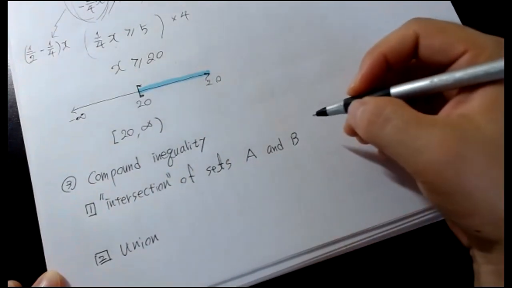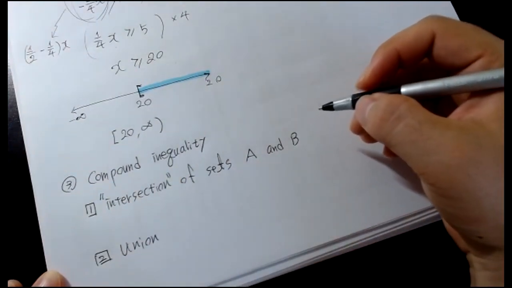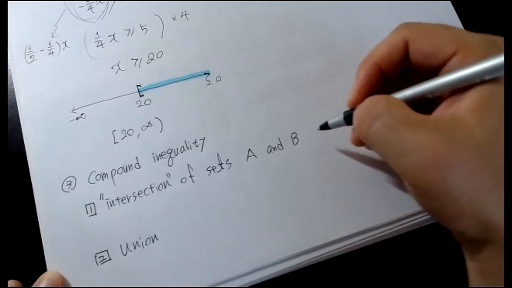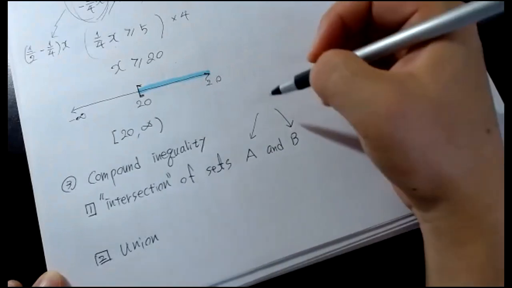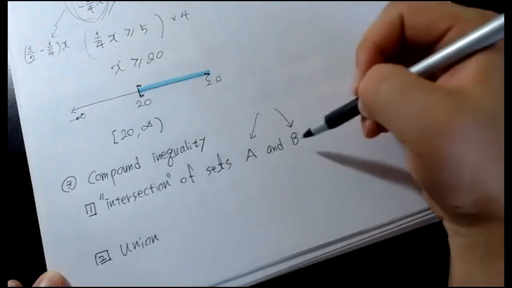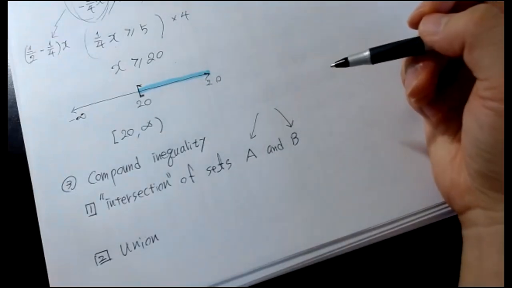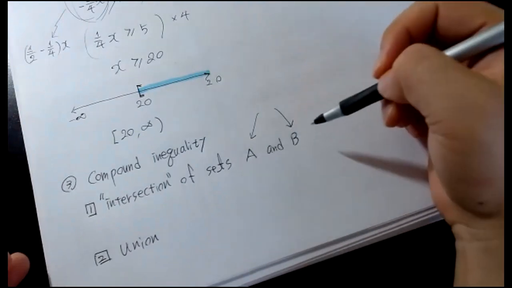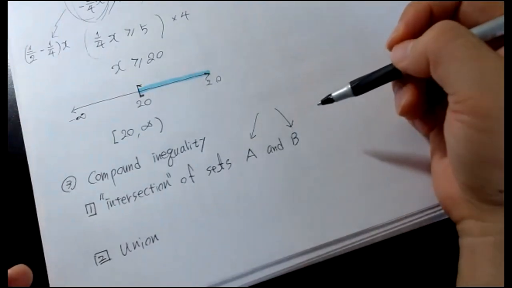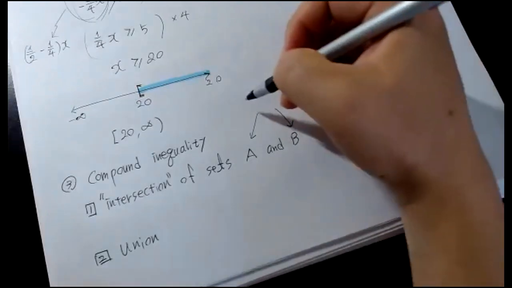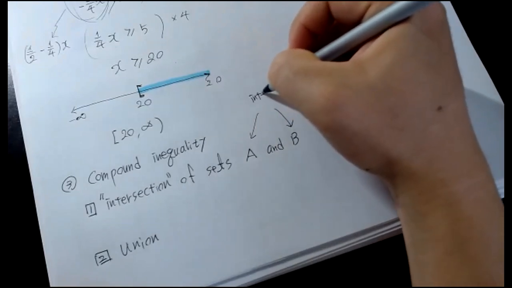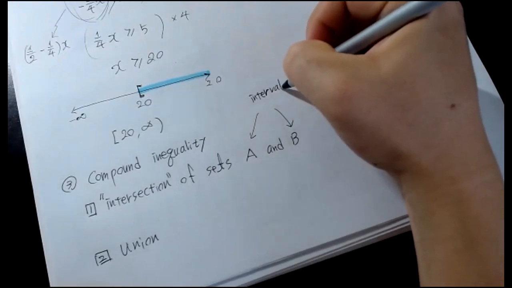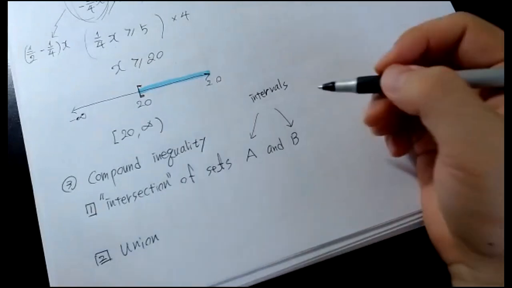What does it mean? Sets A and B are just sets of numbers. You can consider A and B as integers, or any sets.